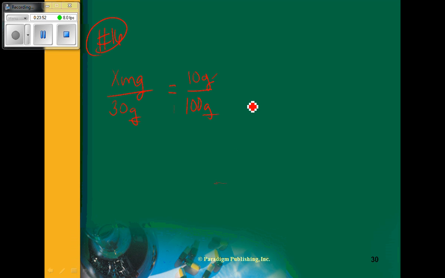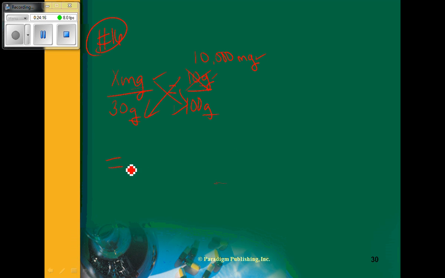So we have the units the same on the bottom, and we don't have the units the same on the top, so we have milligrams and grams. So what you want to do is convert your 10 grams to milligrams. You just multiply that by 1,000, and that would be 10,000 milligrams.